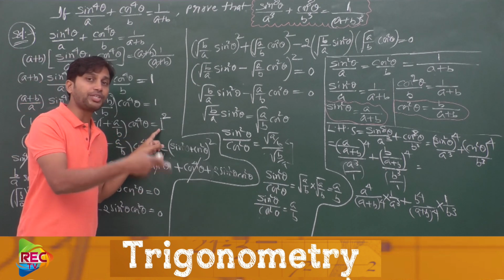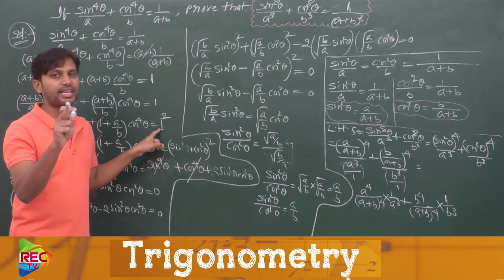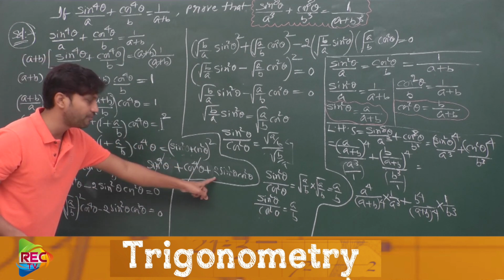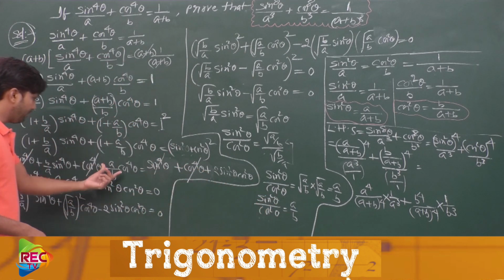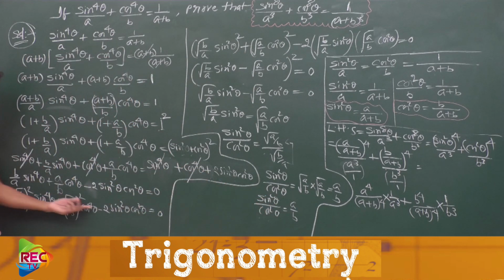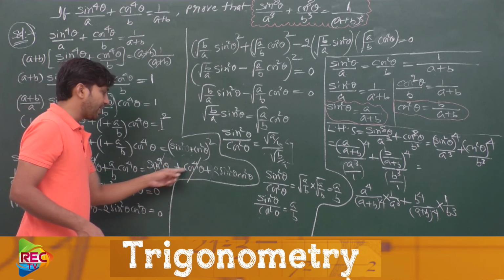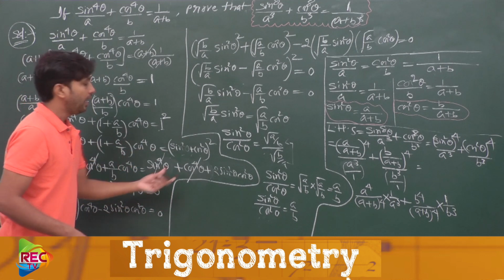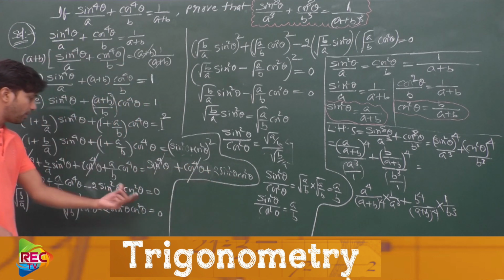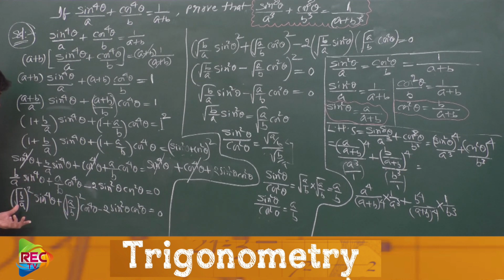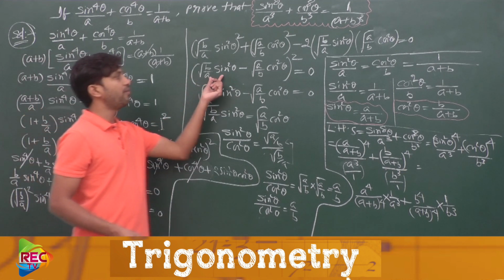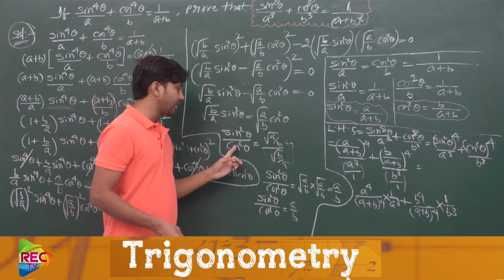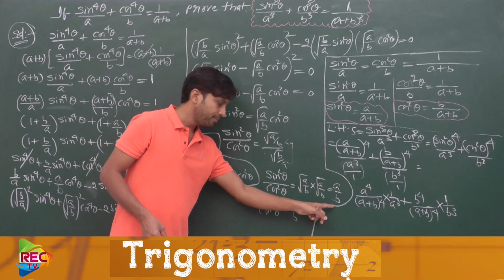That 1 is substituted by sin square theta plus cos square theta, which is a standard identity of trigonometry, and then we expanded this in the form of a plus b whole square and simplified all the terms. We cancelled the similar terms on both sides like sin power 4 theta and cos power 4 theta, and the remaining 2 sin square theta cos square theta we brought to this side. Then it is adjusted in the form of a minus b whole square, and finally we obtained the value of sin square theta by cos square theta as a by b.